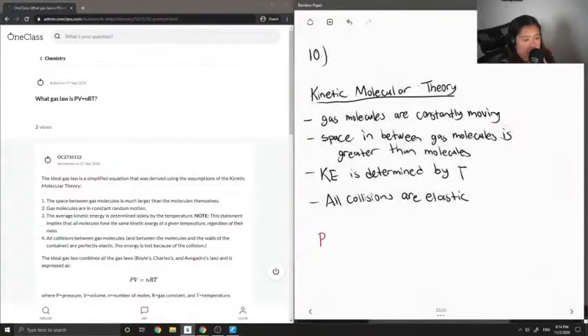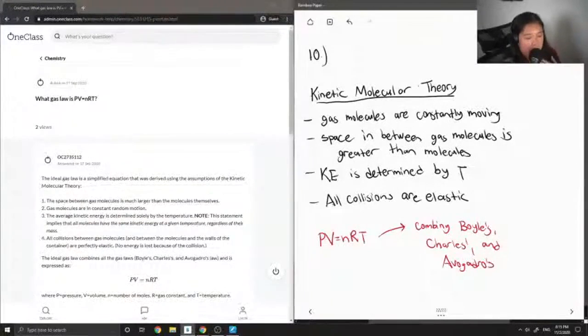So PV equals nRT. It comes from basically combining all of the different gas laws, such as Boyle's, Charles's, and Avogadro's.